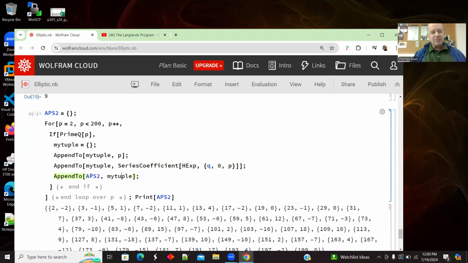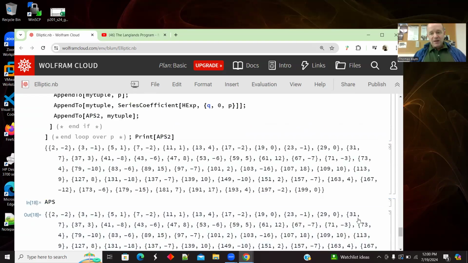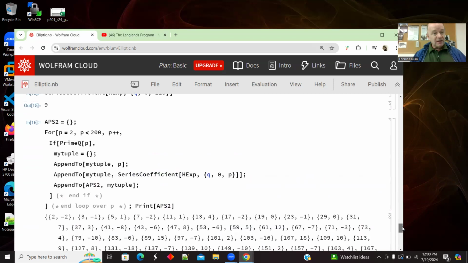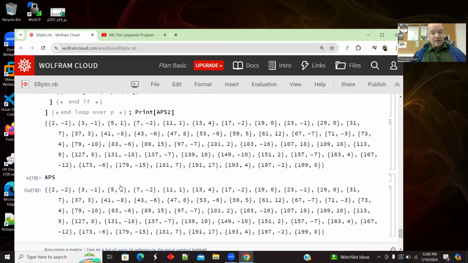And then I'm going to add that tuple to my APS. And there is the result. Let's see if I can say APS down here. Shift Enter. So this was APS 2 above, Out 16 was APS 2. This is APS. But we can see there is this correspondence.